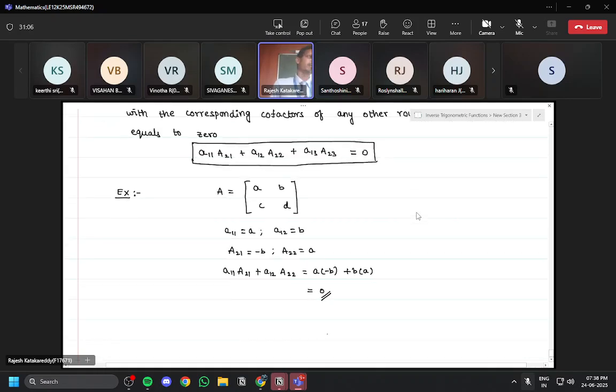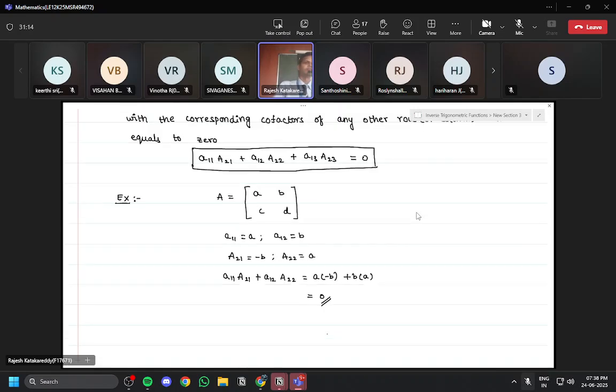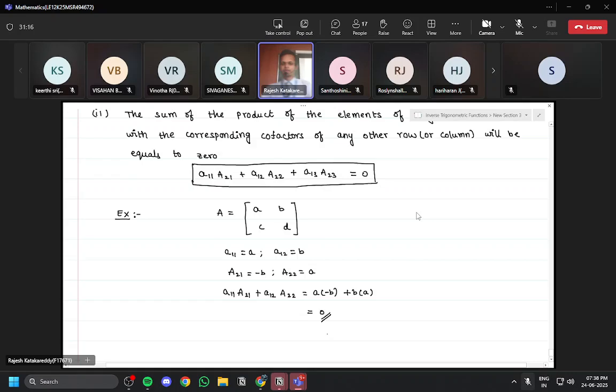It is an important property for cofactors. Clear? Any doubt in this? This is the second property.